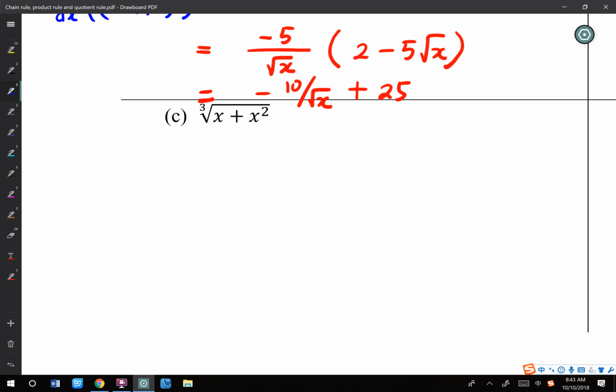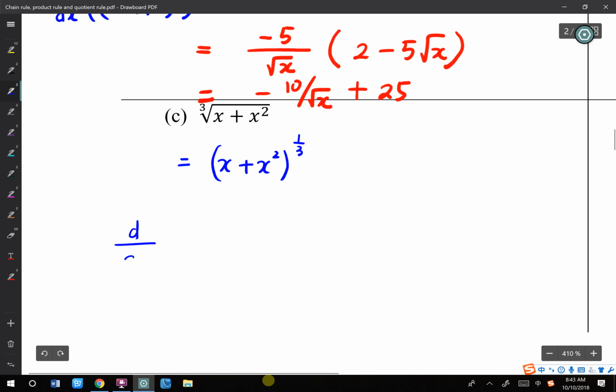Well, the next one is easy to use chain rule because we always want to make things into power function. I don't like to see anything in root form or reciprocal form. Always make it a negative power or fractional power. So after I change this to this form, d dx of cube root of x plus x squared will equal to, first thing is we drag the power down. Second thing is we derive the bracket, the inner function, which is 1 plus 2x.